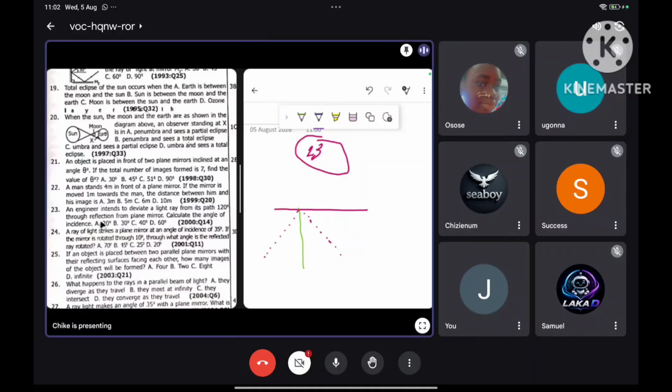So now, they said that an engineer intends to deviate a light ray from its path 120 degrees through reflection. That is, normally this ray of light is supposed to come, hit the surface, and get reflected off.